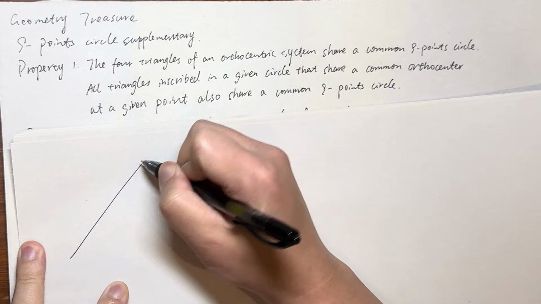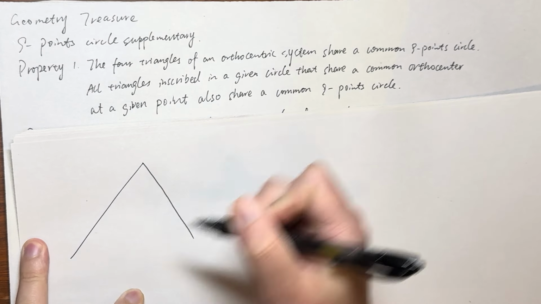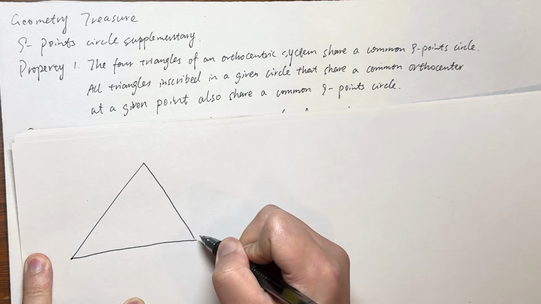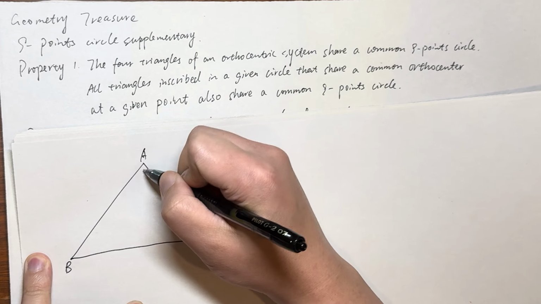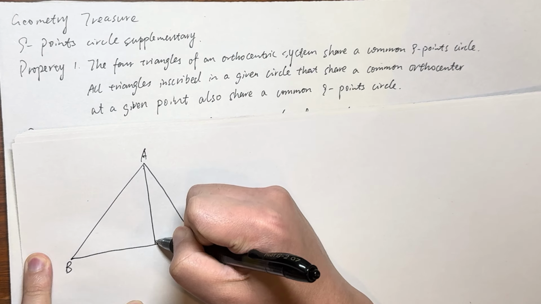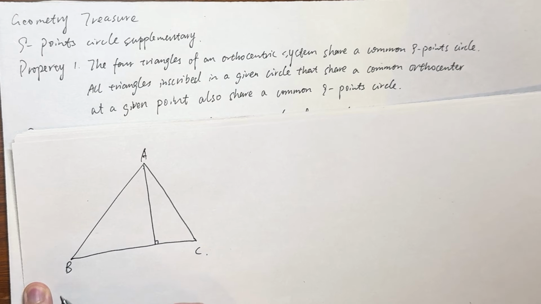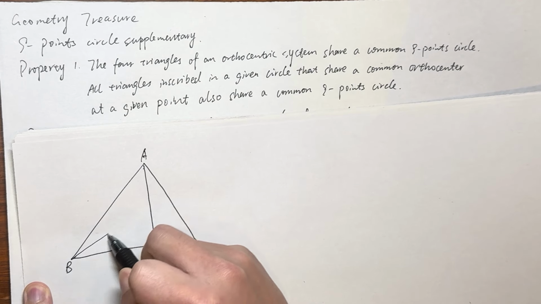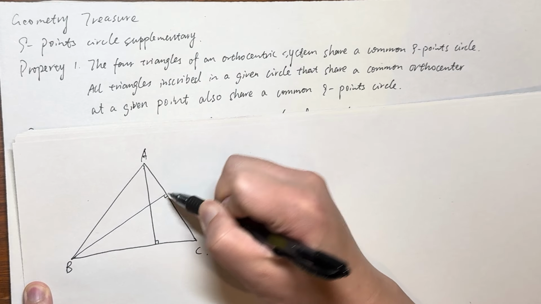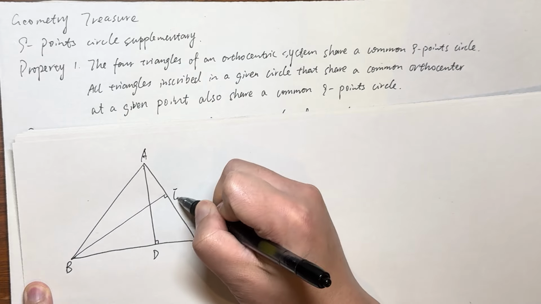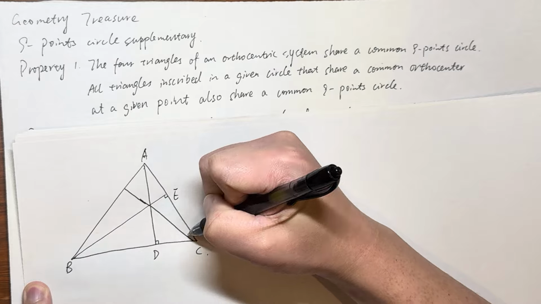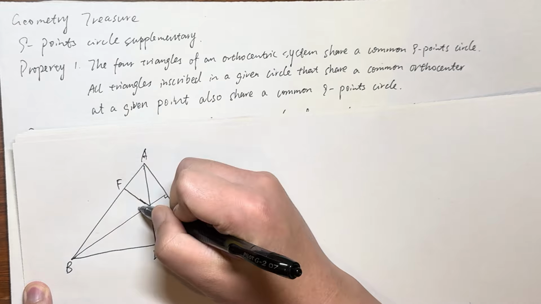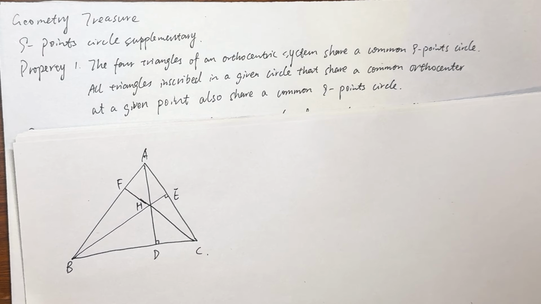Let's say we have triangle ABC, and we find the orthocenter of the triangle ABC. So AD, BE, CF are altitudes. H is the orthocenter.